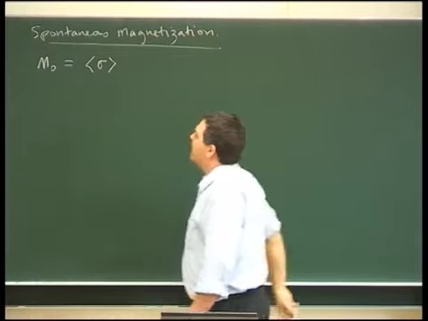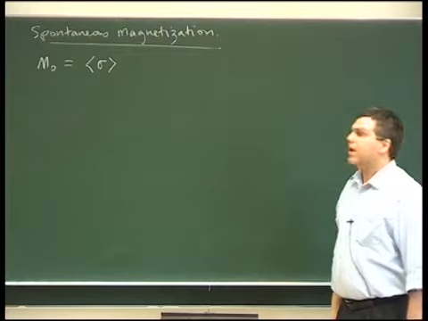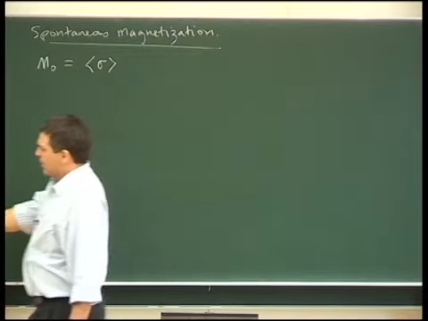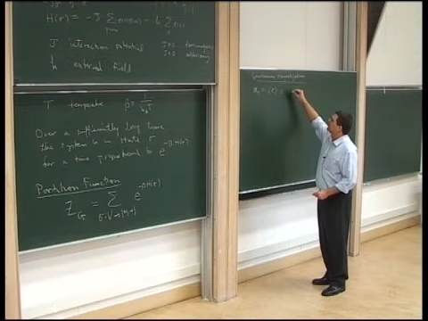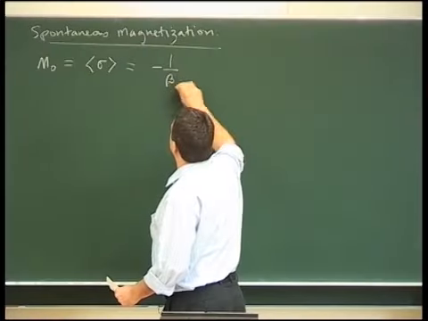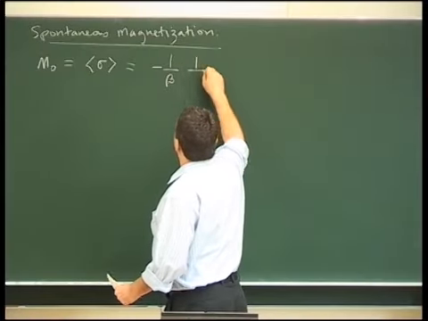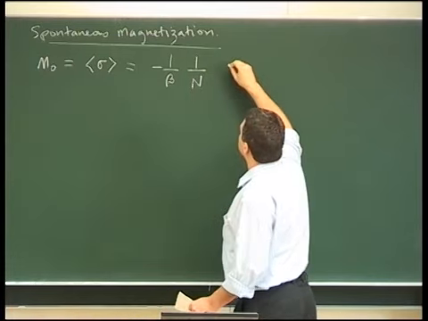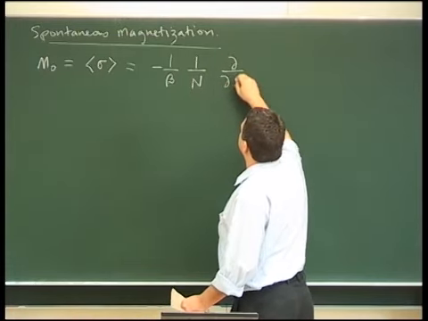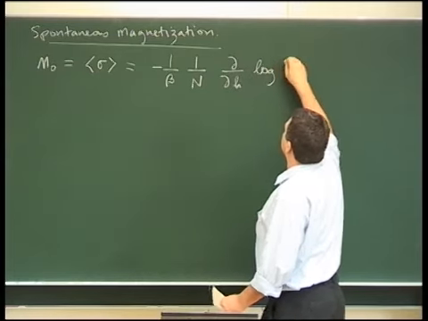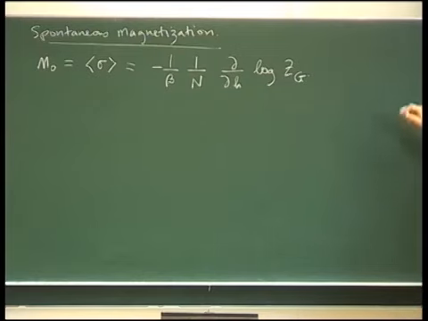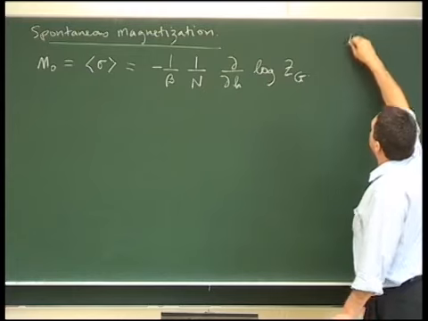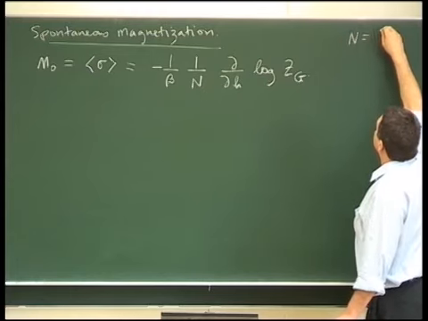It's the expected value of a spin. And if you work out this, you'll see it's minus 1 over beta, 1 over n if there are n vertices, the derivative with respect to the magnetic field of the logarithm of Z. So this is about as complicated an expression as I'm going to write today. So n is equal to the number of vertices.